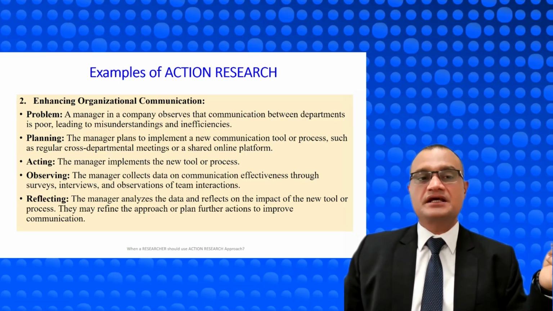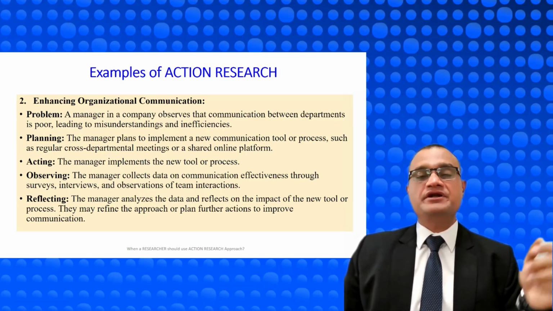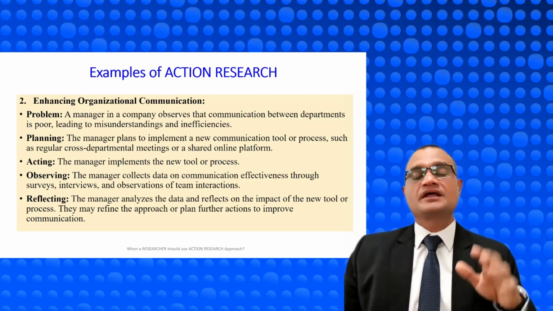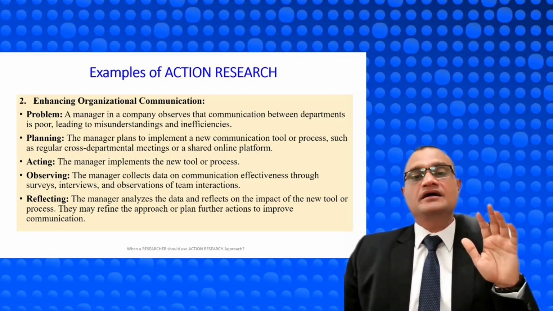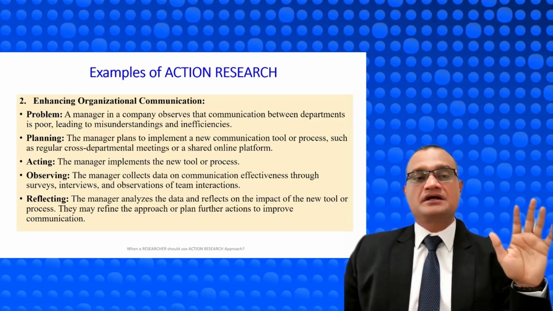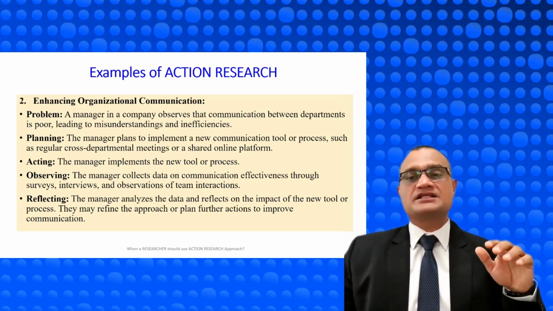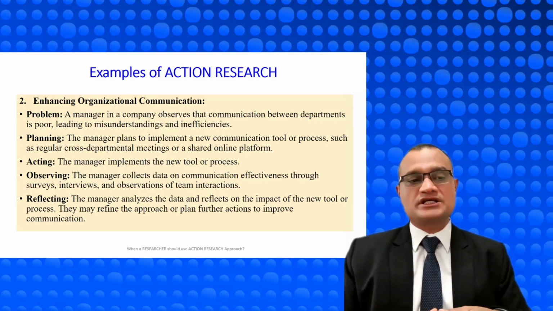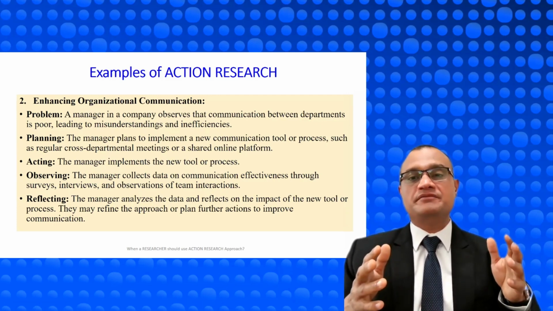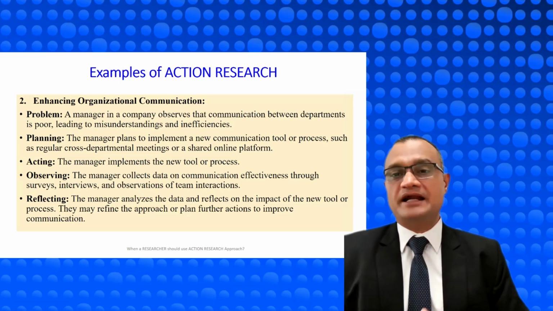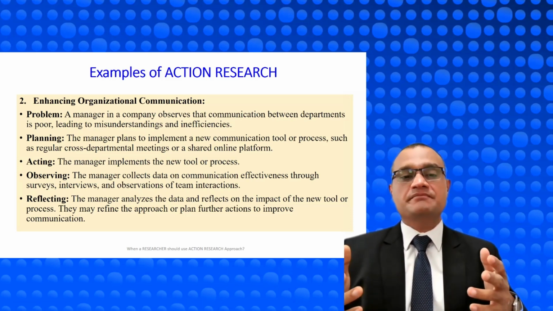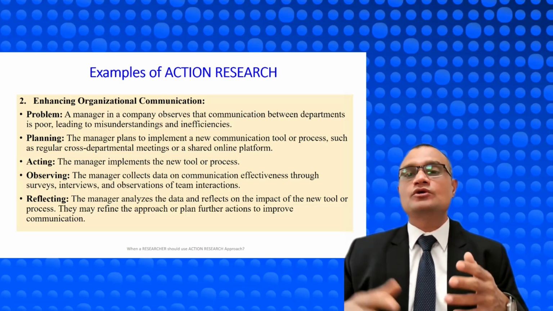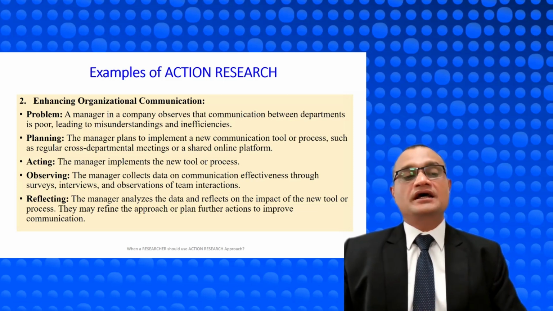The problem is a manager in a company observes that communication between departments is poor, leading to misunderstanding and inefficiencies. Planning: the manager plans to implement a new communication tool or process, such as regular cross-departmental meetings or a shared online platform. Acting: the manager implements the new tool or processes.